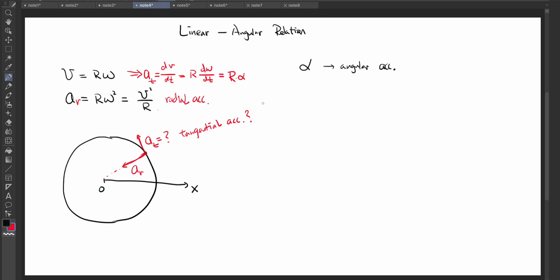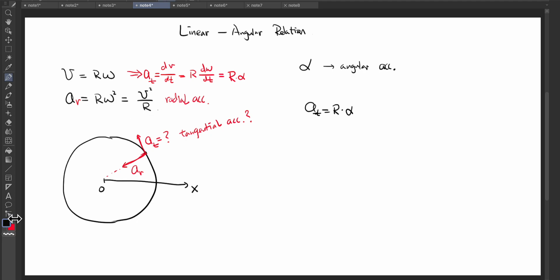So there's a tangential acceleration AT, and it's given by a similar relation that we have for the velocity: linear tangential acceleration AT equals r, the radius, times angular acceleration alpha. That's why we didn't talk about a relation between AR and alpha, because there's no relation there, but we do have a relation for AT and alpha.